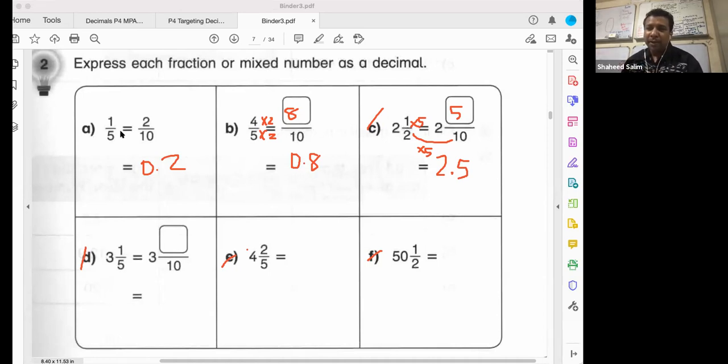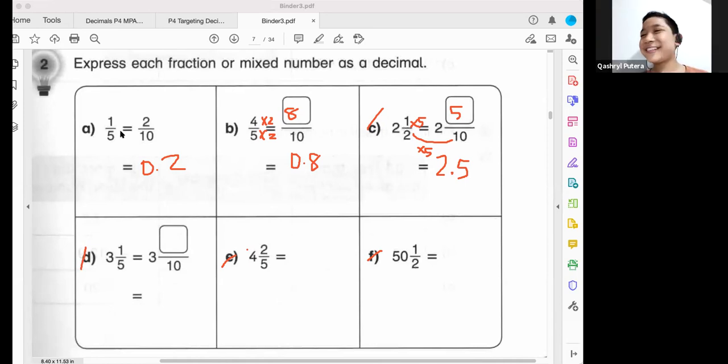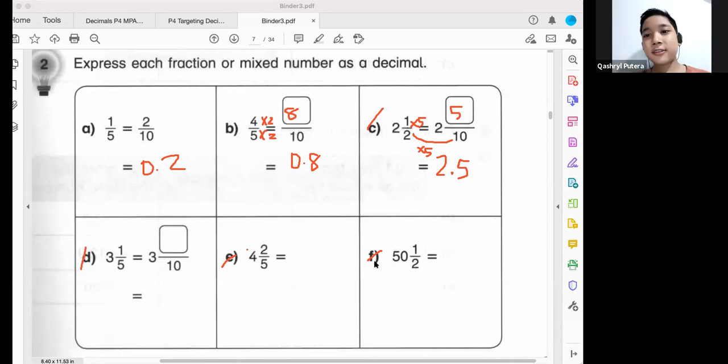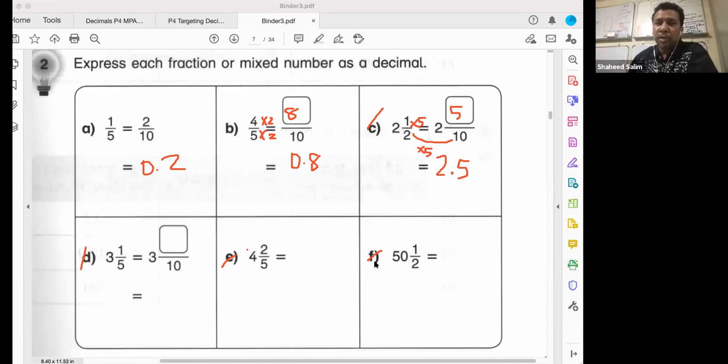Aduh, ni adik ni mau kacau kakak. Amara di belakang. How come you do not know how to do the E, Putra? Oh, we are supposed to do E and F. I didn't know. I was sleeping under the tree. The tortoise went past me. The story of Putra and the tortoise.